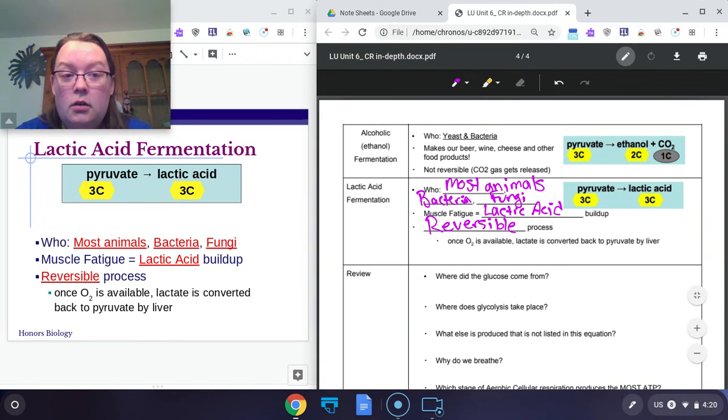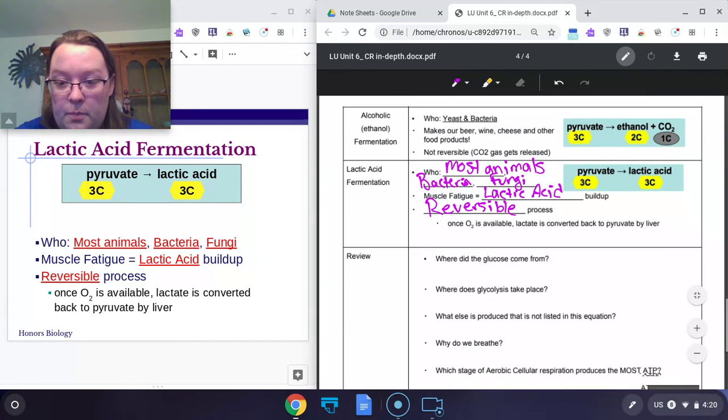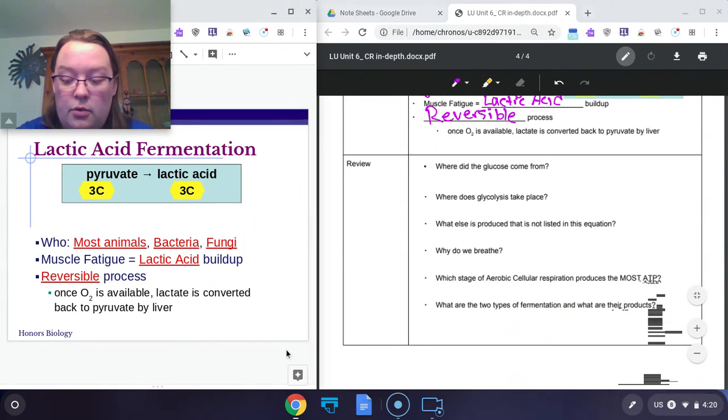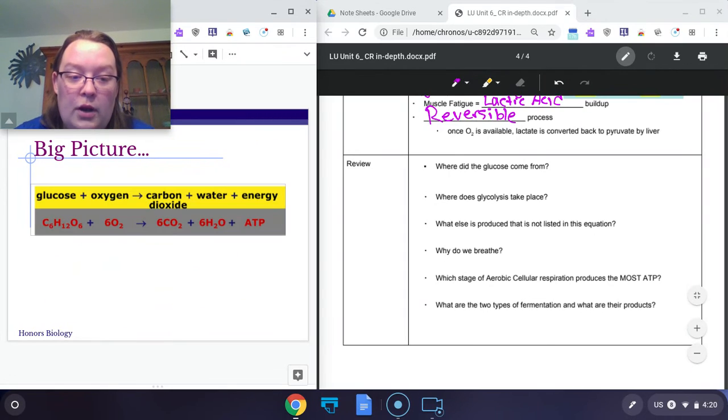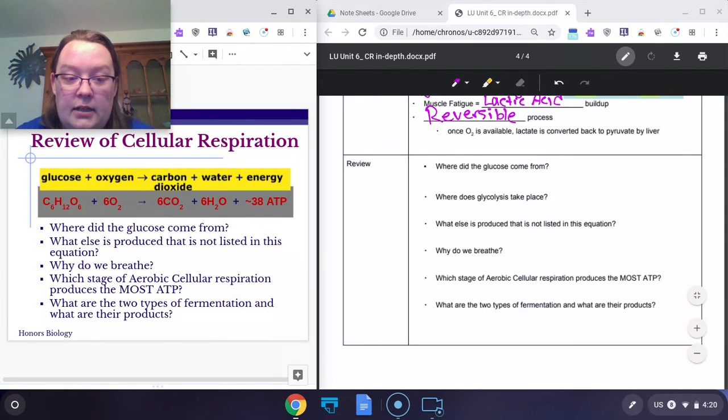So your body converts to fermentation to make energy. And that's what causes you to feel the burn. Your muscles are making lactic acid and they start to burn. But once you stop, you take a minute, you suck in some air, you get some oxygen available, you're able to get rid of the lactic acid and start normal respiration again. So it is reversible.